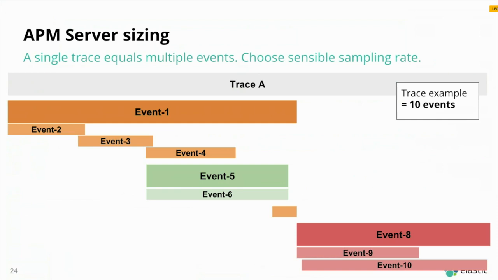Either a transaction is doing one database query or it's doing hundreds. And the amount of those will essentially be your event count. So think of the waterfall visualization and how many spans you have in that, and then sort of map that to the events that the APM server can handle. That's sort of how to think about it.